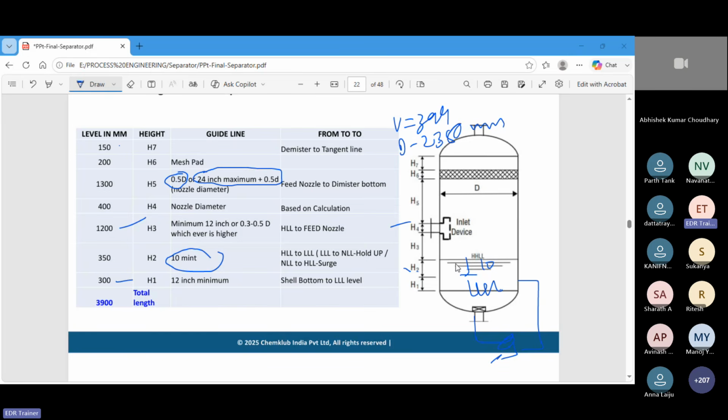I have taken 10 minutes because some companies take 10 minutes. Some companies also follow 5 minutes, 4 minutes, depending upon the availability and requirement of the situation, right?